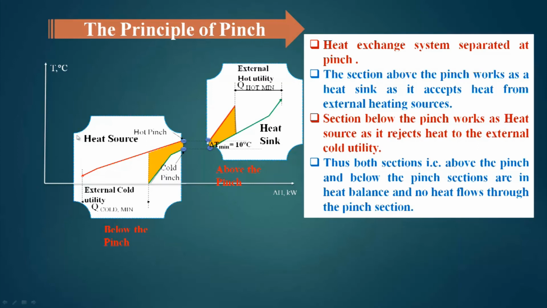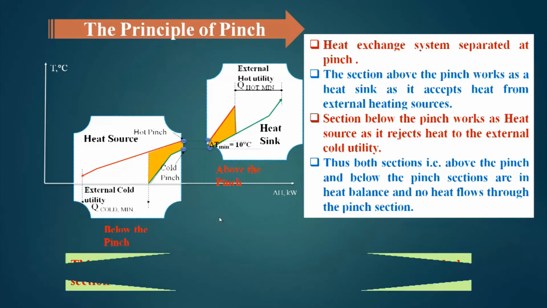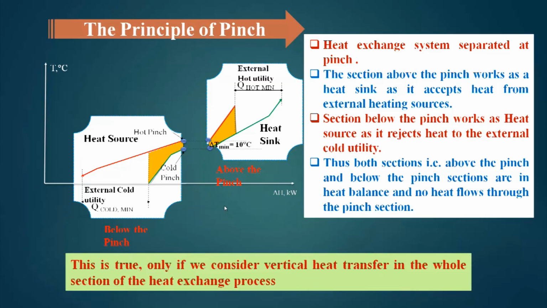So this is also in heat balance, and no heat flows from here to here, that means across the pinch. This is only true if we consider vertical heat transfer in the whole section of the heat exchange process.